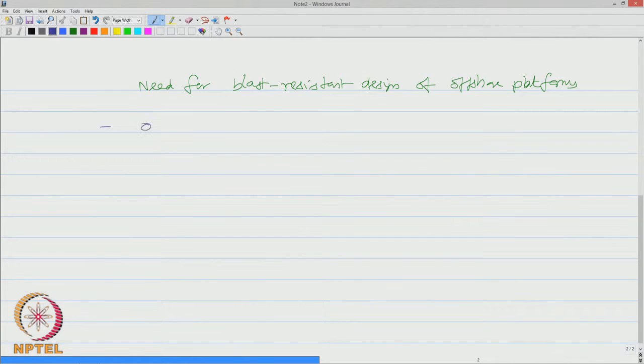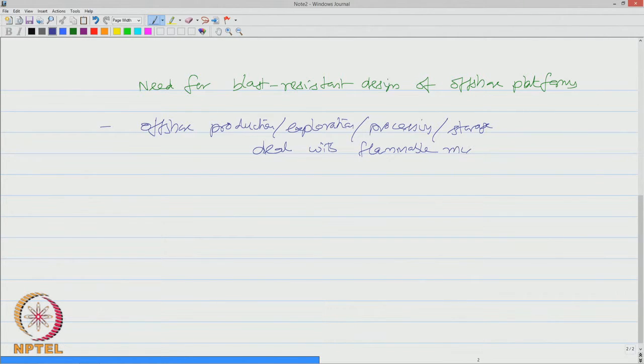Friends, we do agree that offshore production platforms, in fact even exploration platforms and to some extent even processing platforms and to a larger extent storage vessels, deal with flammable mixtures, let us say hydrocarbons, that have a high probability of accidental explosions.